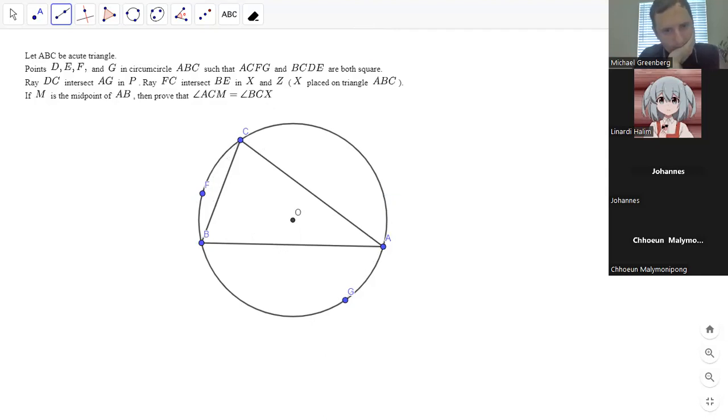Also, what does it mean for lines FC and BE to intersect in 2 points X and Z? Oh yeah, what would that mean in general? Yeah, how could those intersect in 2 points, however we interpret it?